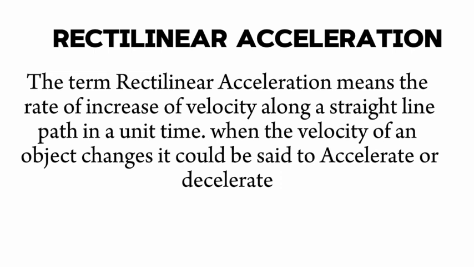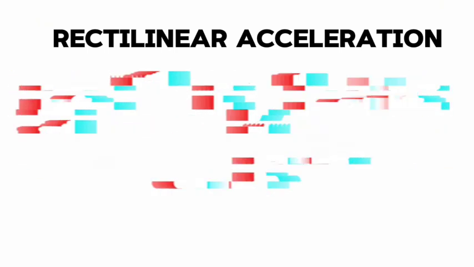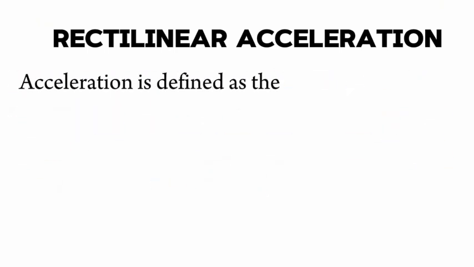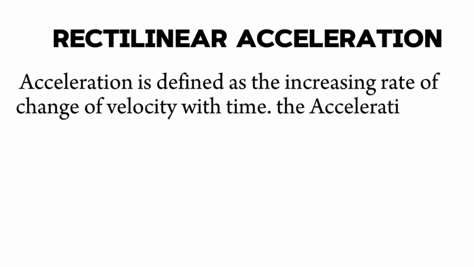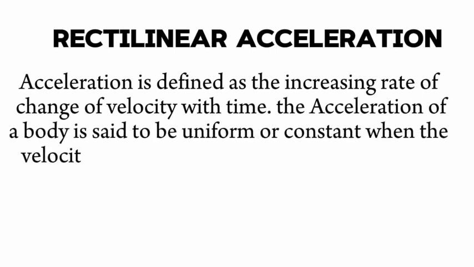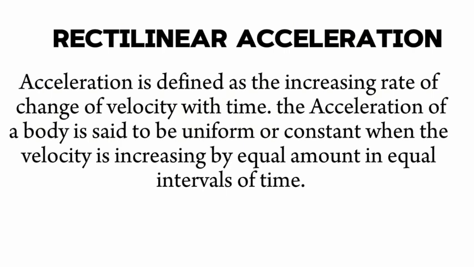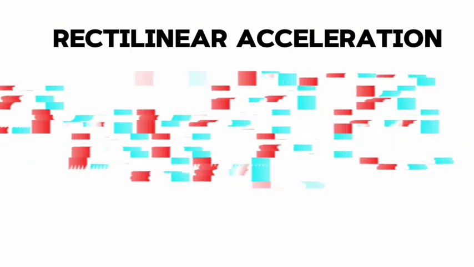When the velocity of an object changes, it could be said to accelerate or decelerate. Acceleration is defined as the rate of change of velocity with time. The acceleration of a body is said to be uniform or constant when the velocity is increasing by equal amounts in equal intervals of time.